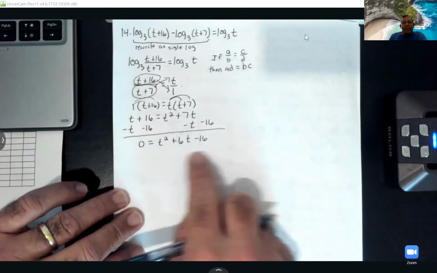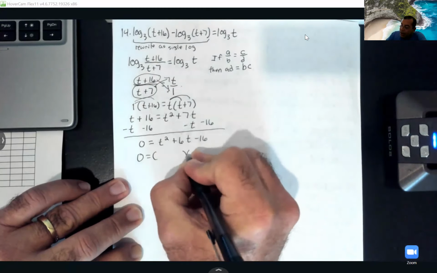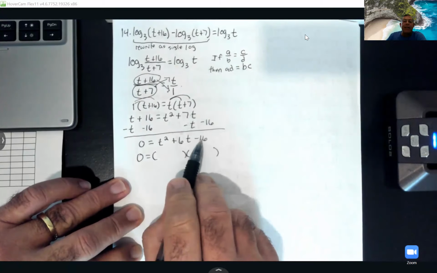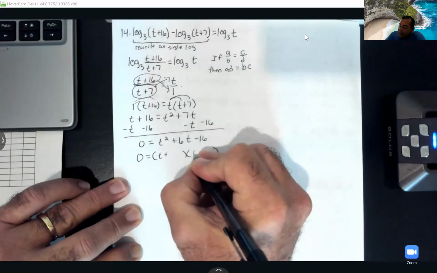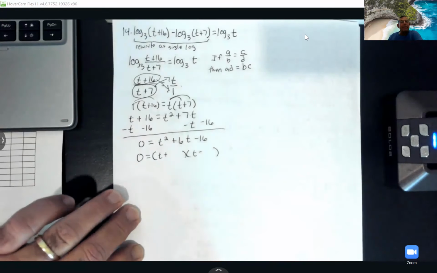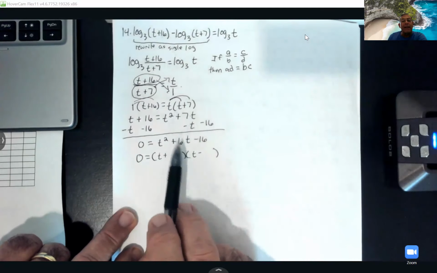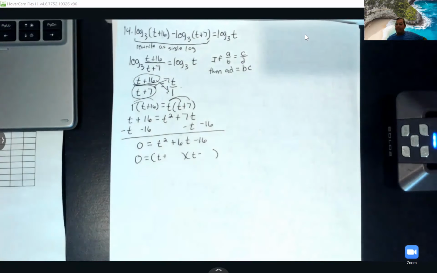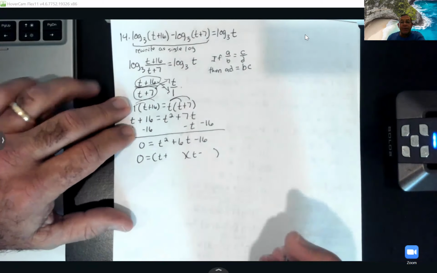Oh, look, we get to factor again. And if you notice, the last number's negative again. So that'll give me a t plus and a t minus. So what factors of 16 can I get a 6 out of? 8 and 2. So let's see.